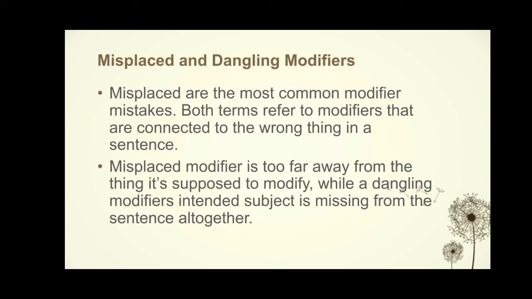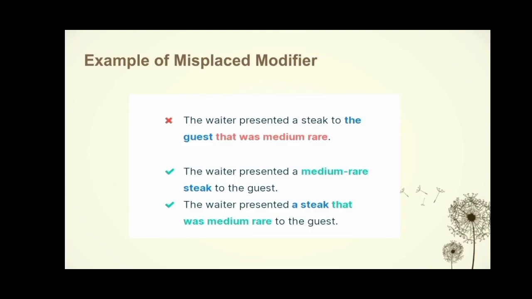It is a misplaced modifier if a modifier is positioned too far away from the word, phrase, or clause it is intended to modify. Let's take a look at an example of a misplaced modifier.